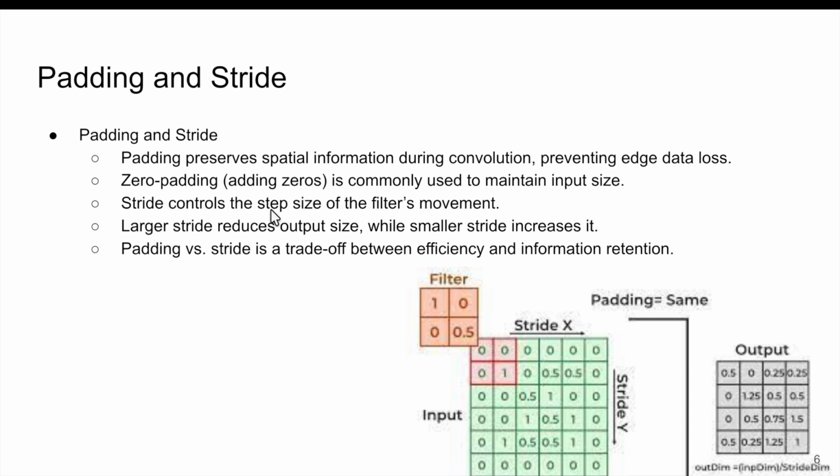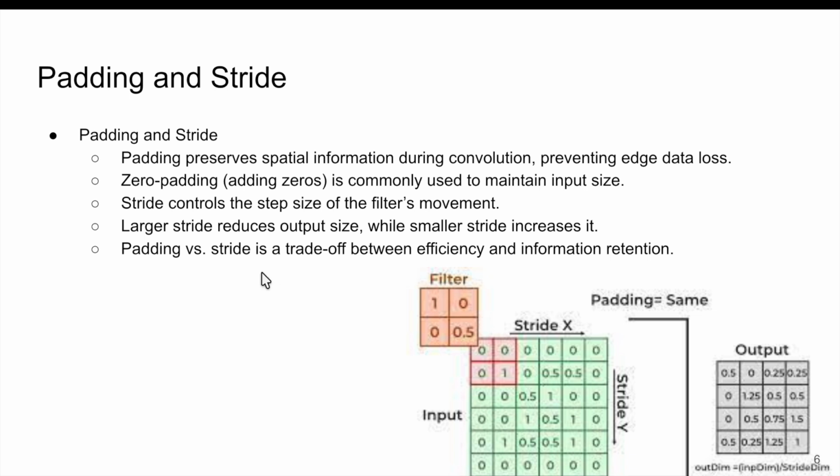The stride controls the step size of the filter's movement. Larger strides reduce the output size while smaller strides increase it. Padding versus stride is a trade-off between efficiency and more information retention. So the more padding you do, the efficiency will increase.